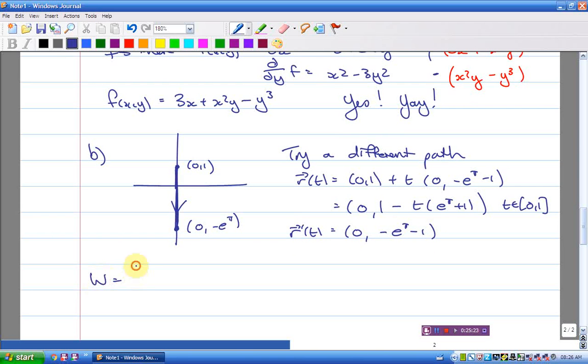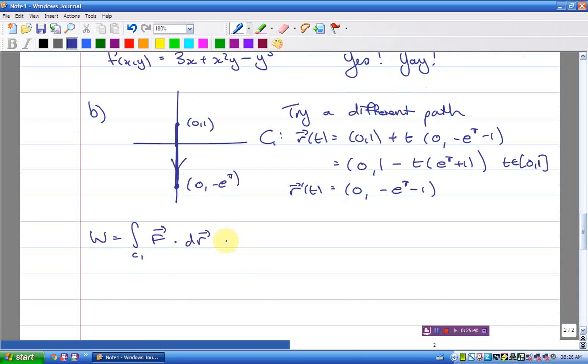So my work could actually now be, I'm just going to call that C1, different from the other one that I just called C. So that would be, let's have a look. My values of t that I put in my limits are 0 to 1. F is what F always was, only with the x and the y from r plugged into it.